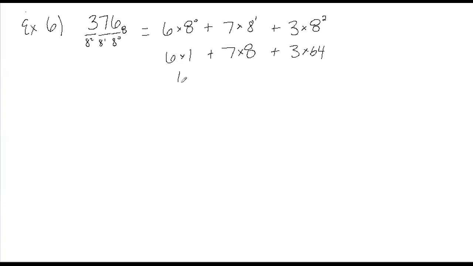And then 6 times 1 is 6, 7 times 8 is 56, 3 times 64 is 192. Add these all up, and I think it's 254, and that's in base 10. All right, pretty good?